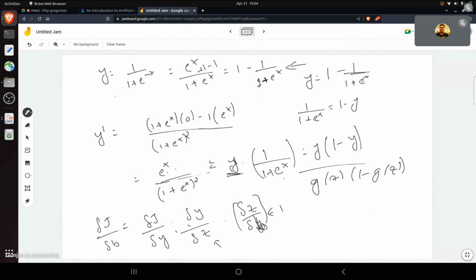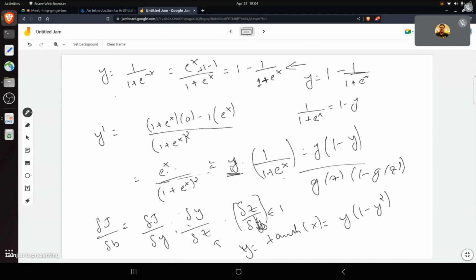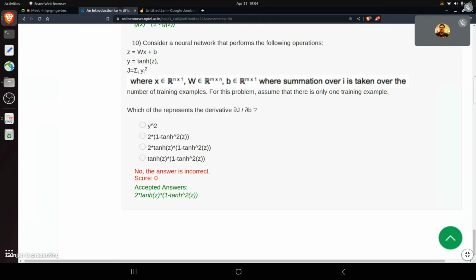Del y by del z, since y is tanh of x, will be 1 minus y squared, and that's what we have written here. And del j by del y will be just 2y. So it will be 2y into 1 minus y squared, and so on.